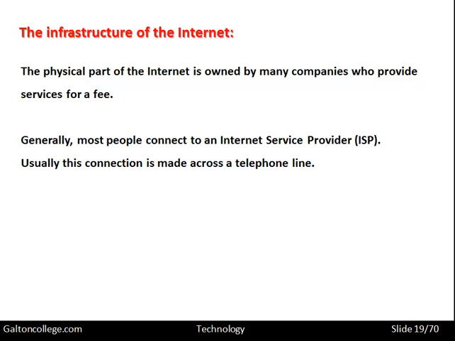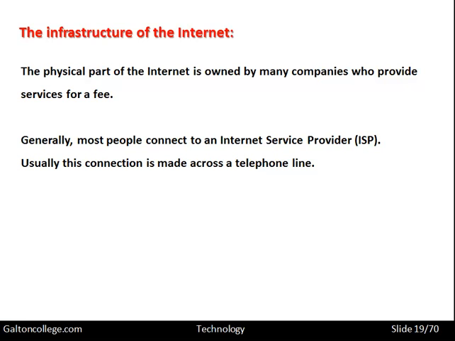Generally, most people connect to an internet service provider, which is known as an ISP. Usually this connection is made across a telephone line. So for most of us, we would connect to the internet using an ISP. We would pay the ISP a sum of money, usually every month, in exchange for access to their servers.